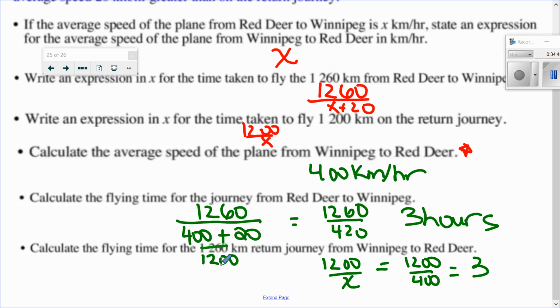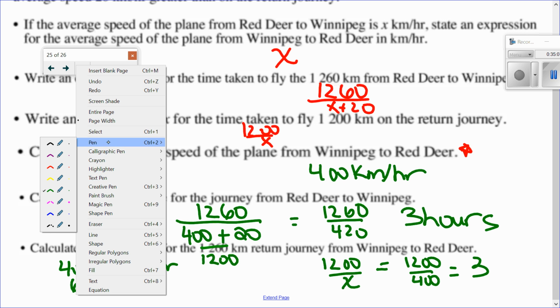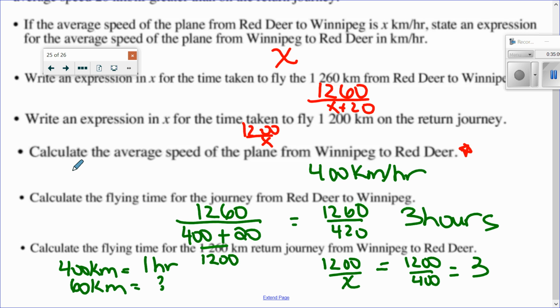So if I have a speed of 400 kilometers in 1 hour, I want to know how long it's going to take to do those extra 60 kilometers. I can use cross multiply and divide to figure out how much above that 3-hour mark it is going to be.